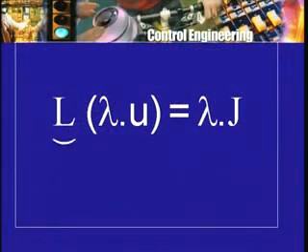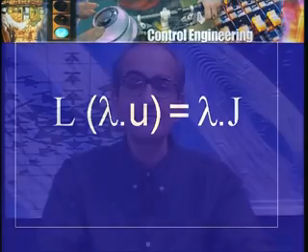What will be the Laplace transform of lambda u? Well, using the integral, you should be able to show that the Laplace transform of the scaled function, with the factor lambda multiplying u, will be simply a multiple of the Laplace transform of the original function. So it will be lambda times U of s, and it turns out here that the s is the same for both u as well as its scaled version.